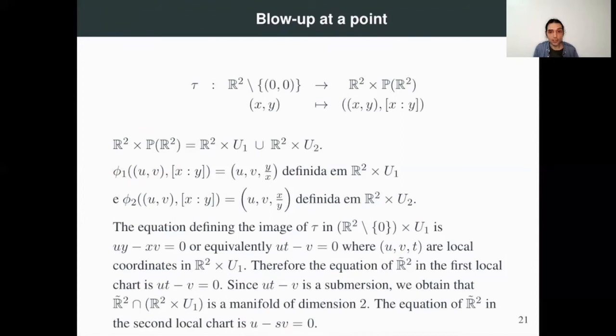So it's going to be a submanifold, and in particular, a manifold. So we get that the blow-up of the plane at a point is a manifold of dimension 2. We actually took away the origin, we replaced the origin with a circle, and we got a different manifold.